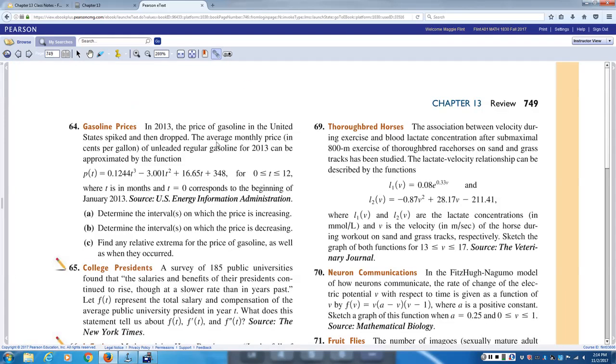I think right now that's the only problem that I actually want to do with you. I'll look at some of the others later. Do you have any questions about how to do what we've just done? Because basically this is an overview of all of chapter 13. If you can work this problem, you know what you need to know from chapter 13.